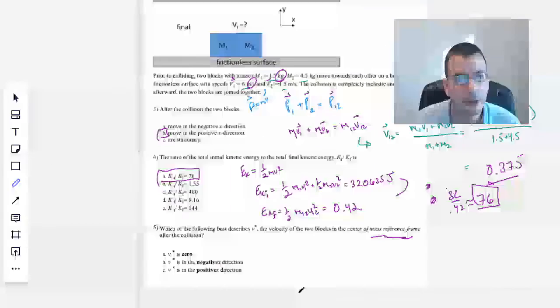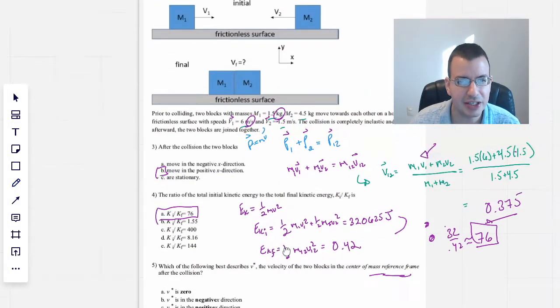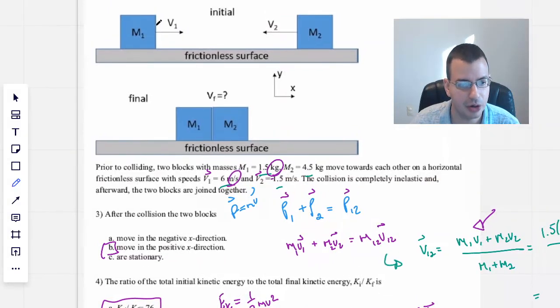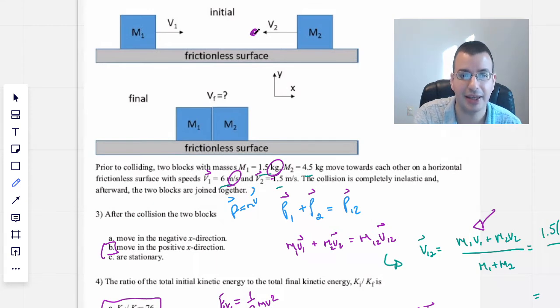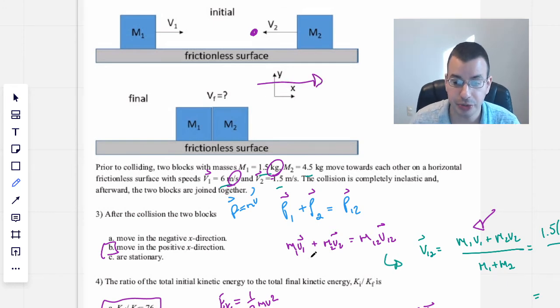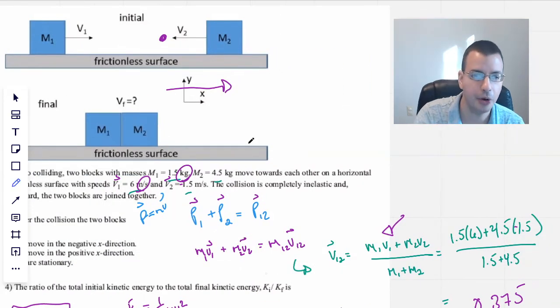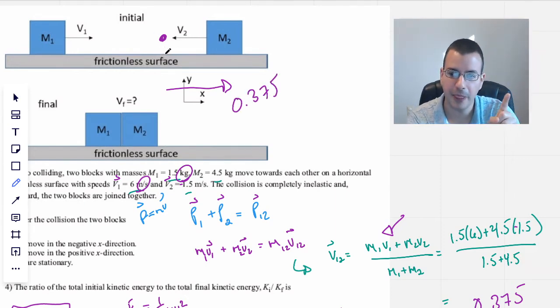So we have M1, which is like 1.5, and M2, which is 4.5, which is bigger. So the center of mass will probably be here. So it's also going to be moving in this direction. We know it's going to be moving in that direction at 0.375. So it's kind of like you have a camera right here that's then moving slowly to the right.